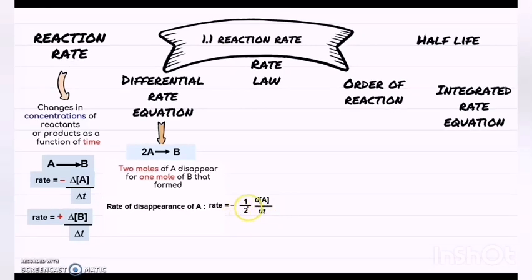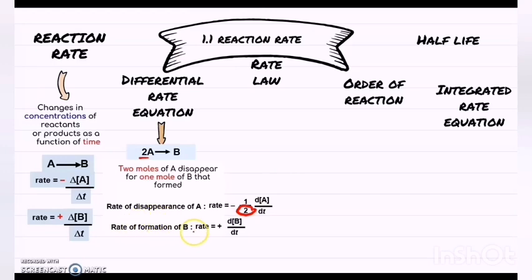Why do I put 1 over 2 here? The 2 stands for the coefficient of A in the balanced equation. So it will be negative 1 over 2 d[A] over dt.